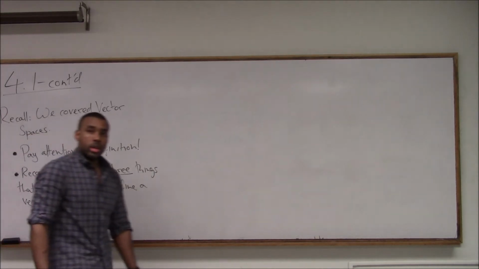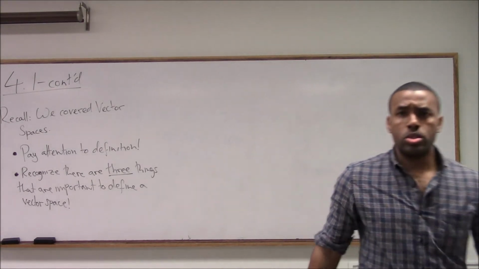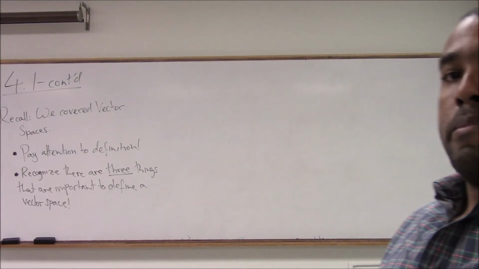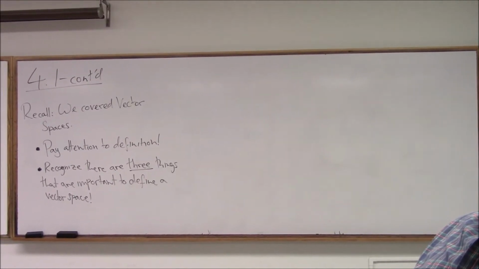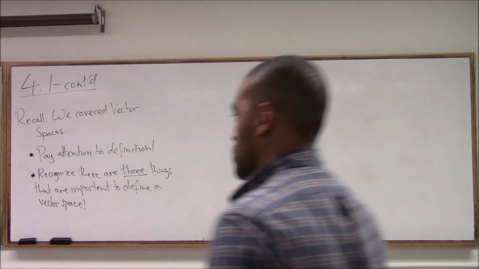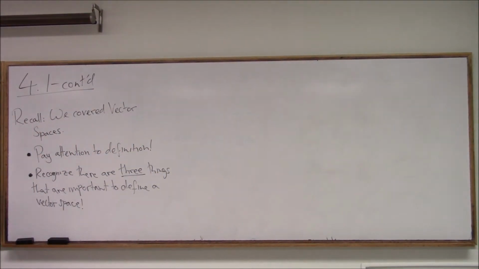Right? So you have to know all the things that go into defining a vector space. Can anyone tell me what those three things are? Is it closure and negation?